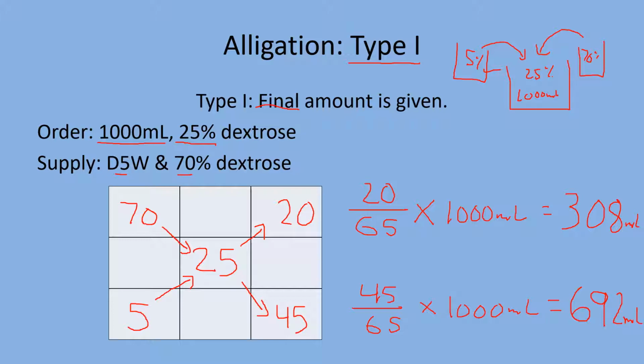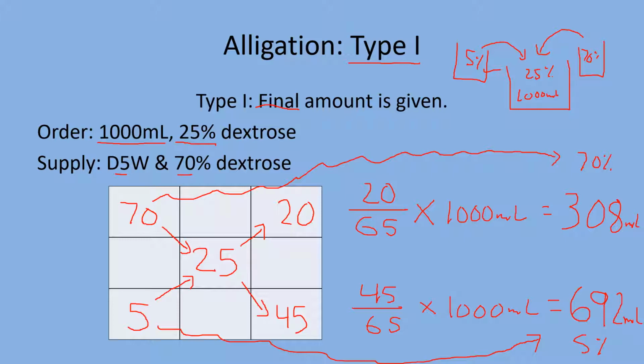So you got two concentrations, two volumes. It's very easy to flip-flop and invert the concentrations. So the 308 mLs, that is 70%. You take this number here and you follow it all the way over. And then down here, that's 692 mLs of the 5%.